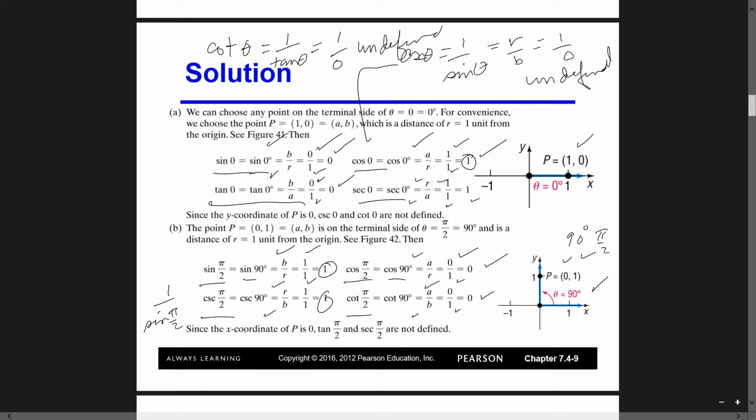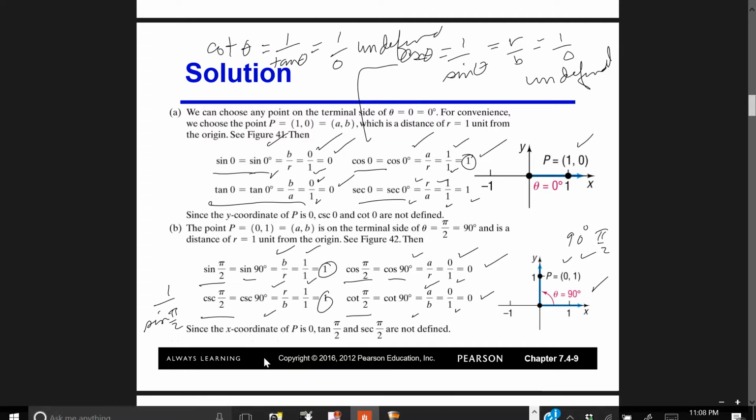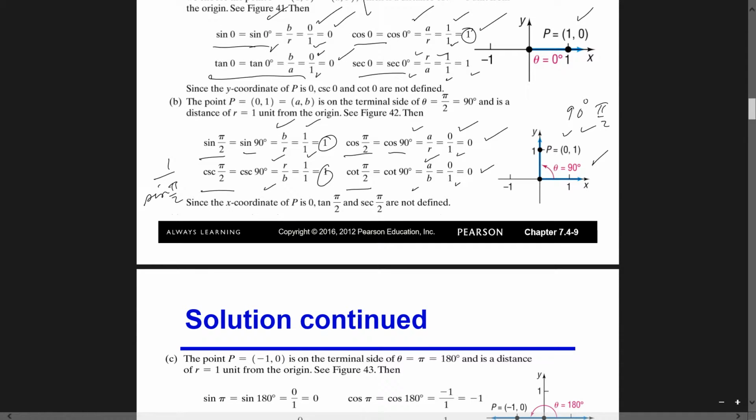And now you can see that, let's bring this up and have a little something to write on here. Tangent of pi over 2 would be 1 over cotangent of pi over 2, equal to 1 over 0. It's undefined.